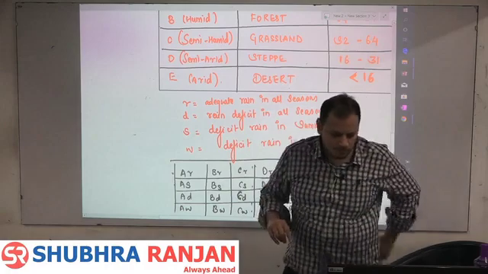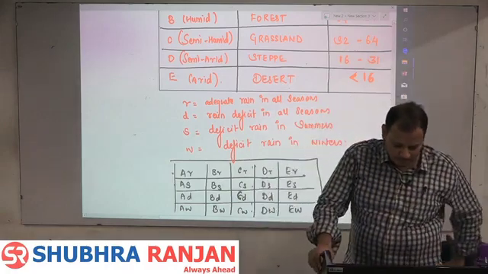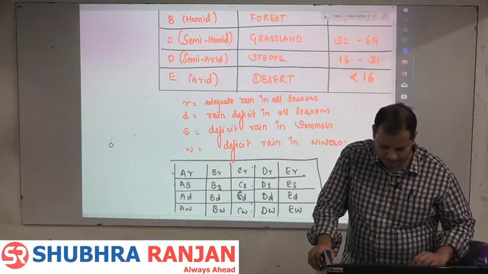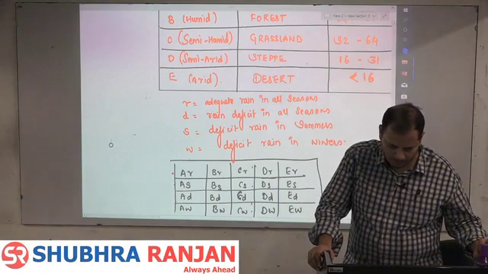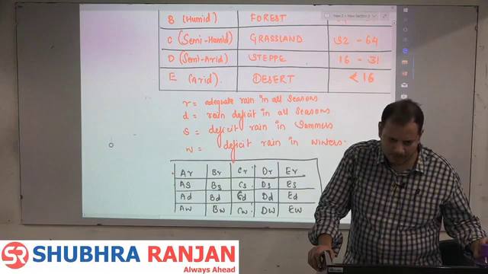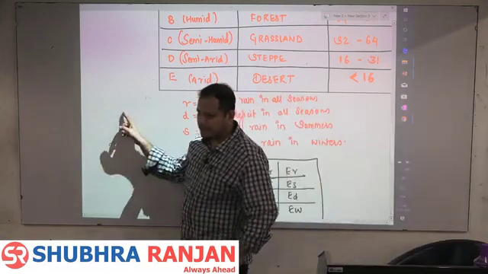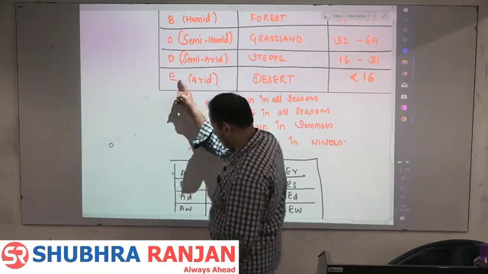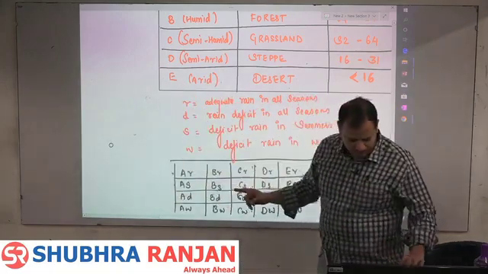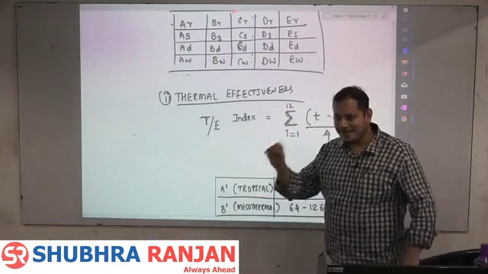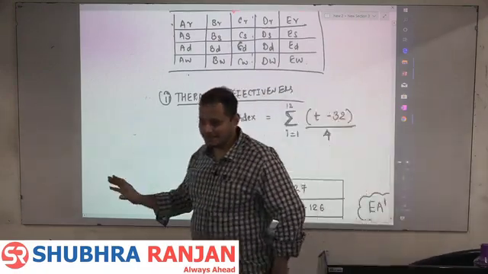Next point. Sorry, I made you write E A-D. E dash D. Cancel that example. E A-D is desert.